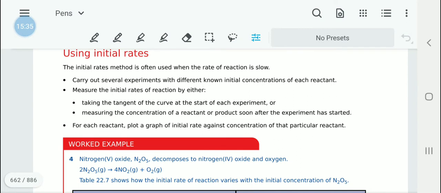Then using initial rates, several experiments are carried out with varying concentrations, measuring the initial rates.